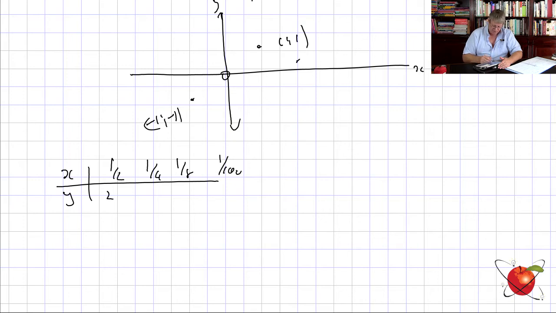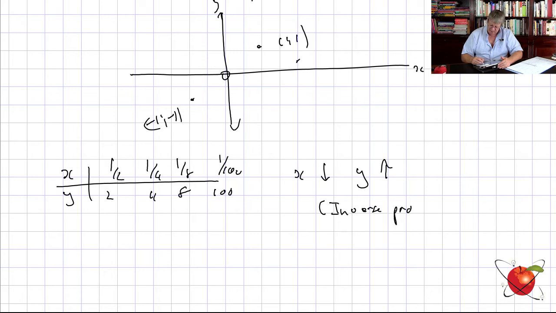What happens to y? 2, 4, 8, 100. So hang on, what is happening here? As x gets small, y gets big. That's inverse proportion, isn't it? Those of you going on with physics with me, you'll see that coming up in quite a few graphs that we draw. Things are inversely proportional to each other.